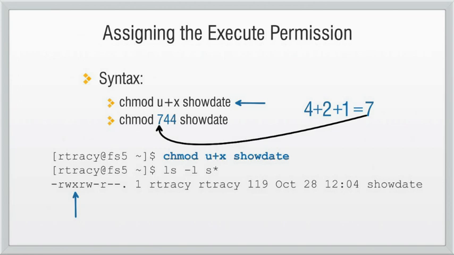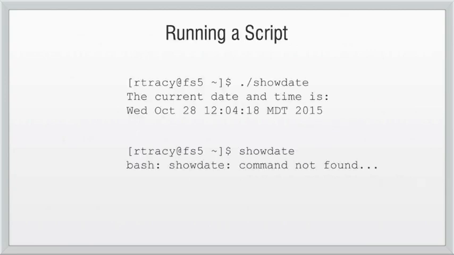Now, with the execute permission added to owner, I can then run this script from the shell prompt. All I have to do is enter its name just as I would any other system command. Now, of course, you could also allow group or others to execute the file as well. Just do a careful evaluation of who you want to allow to execute the script and assign the appropriate permissions.